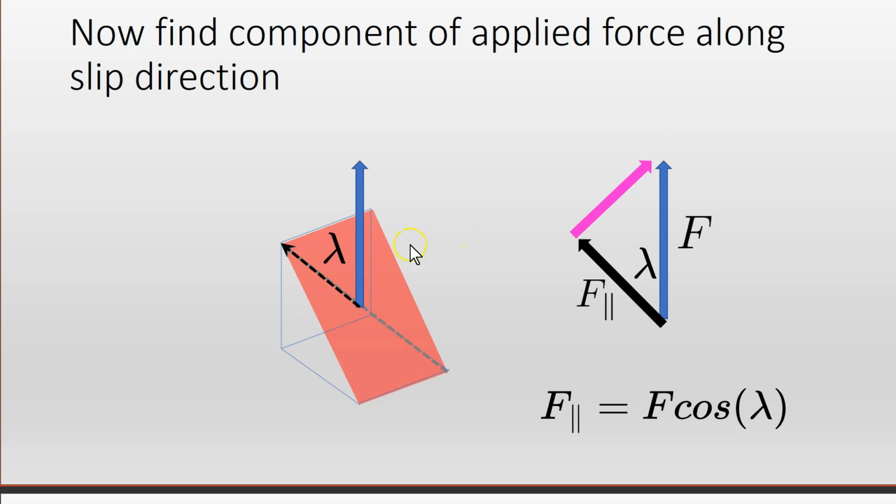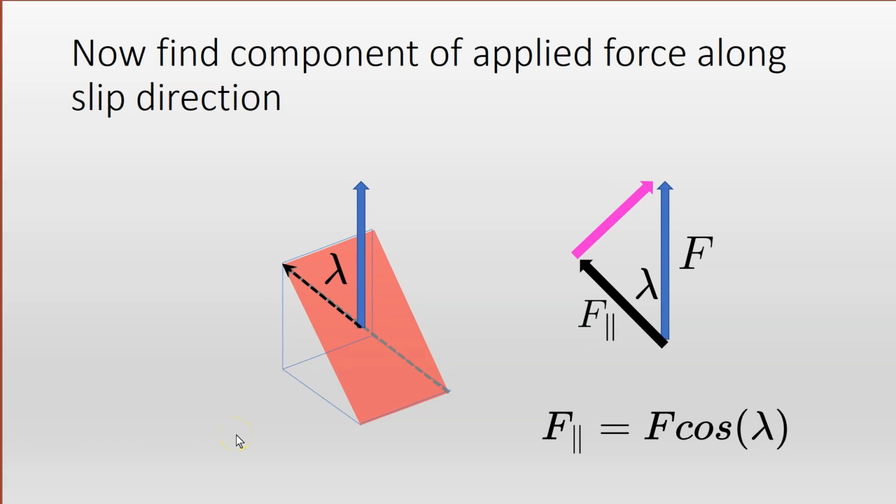So we've talked about the force that we've applied, F. Now let's resolve that force F parallel to the slip direction. If lambda is the angle between F and the slip direction, then the resolved value of this force parallel to that slip direction is going to equal F cosine lambda.